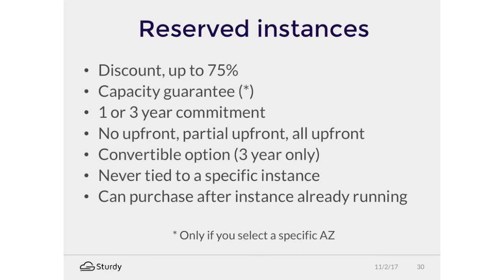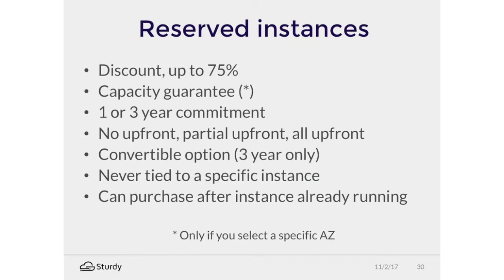With the convertible option, we take that one step further, and we can actually make it across instance families. So you might reserve an M4 large today, but change it to a totally different instance family, a C3, tomorrow. There are rules about the conversion.